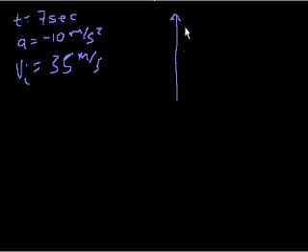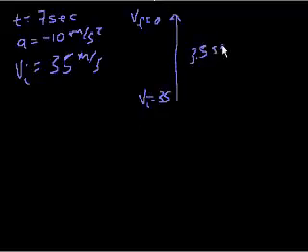And we figured out that in its upward portion, to go from vi equal to 35 meters per second to, let's call this vf, equal to 0 meters per second, it took the ball 3.5 seconds. Because this is half of its travel time, and then it took another 3.5 seconds to come straight down.